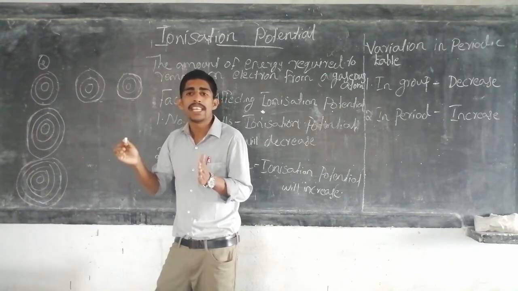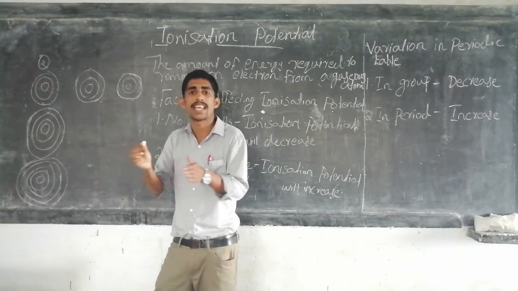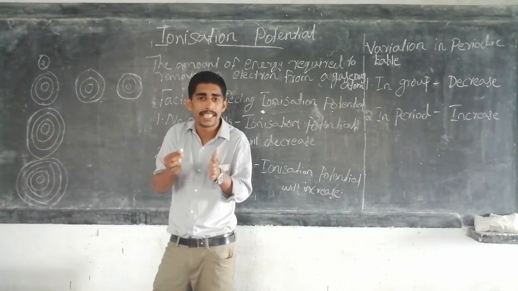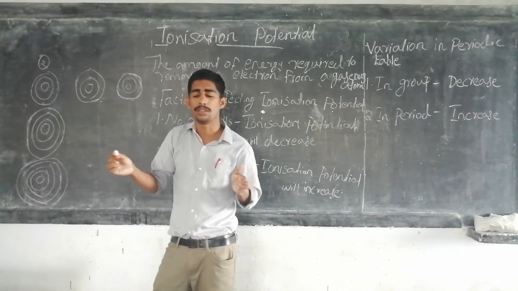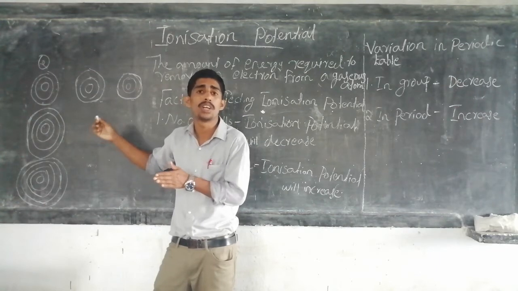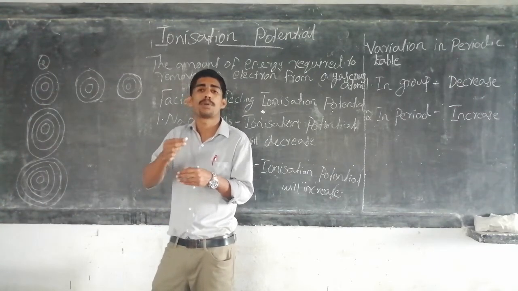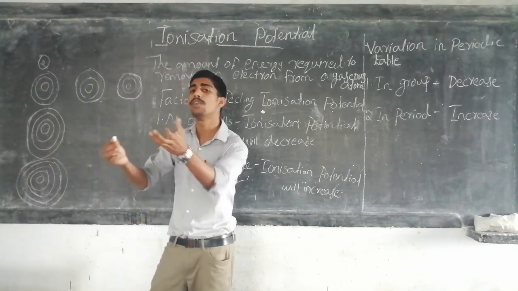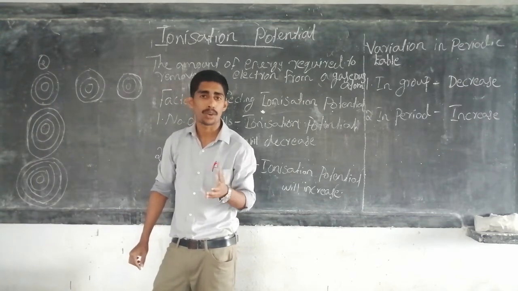Then the binding force, or the attractive force, between the nucleus and the valence shell electrons will decrease. So there is little attractive force between the nucleus and the outermost shell electrons. So if you provide a small amount of energy, then that atom will release its electrons.